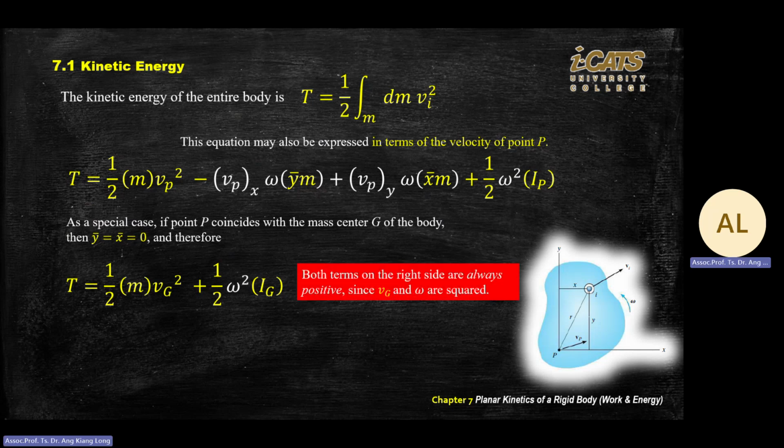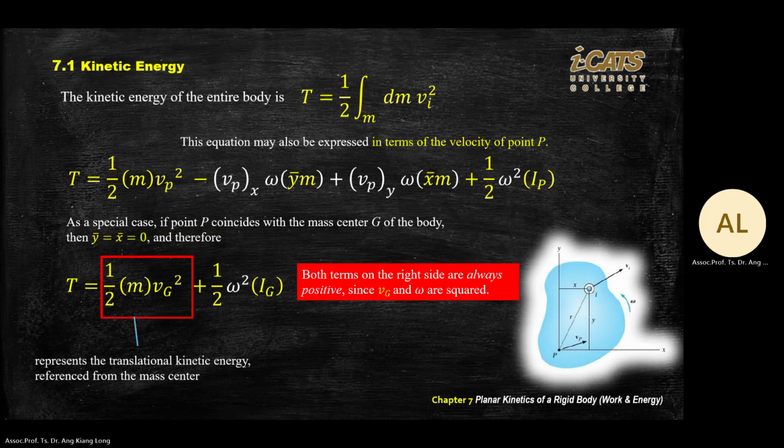And both terms on the right-hand side are always positive, because V is always squared and omega is always squared. Ig is positive, velocity squared is positive, mass is a positive value, so your kinetic energy is always positive.